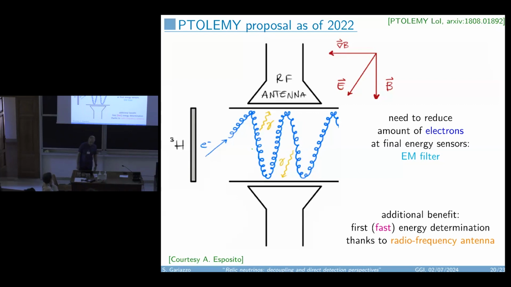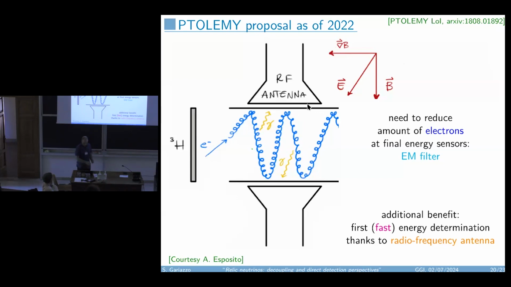So we actually have to find a way to first filter away part of the electrons and then to have the final energy measurement. It's actually very interesting to implement a combination of electric and magnetic fields that would give first a preliminary energy determination of the electron, just for the fact that it's spiraling within these fields.